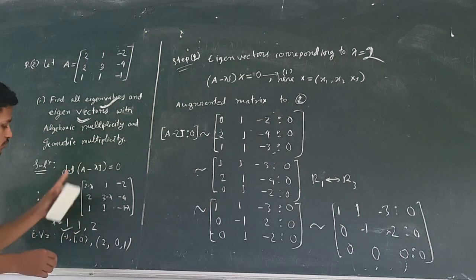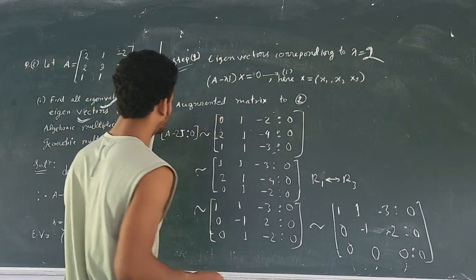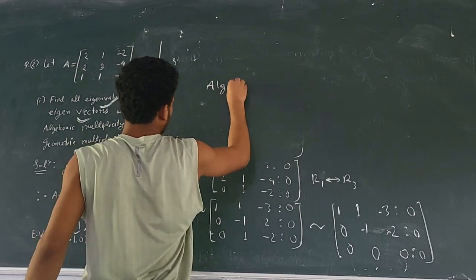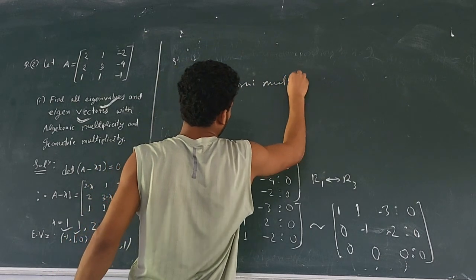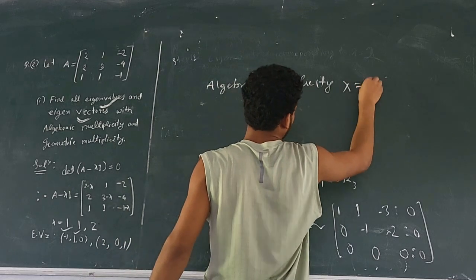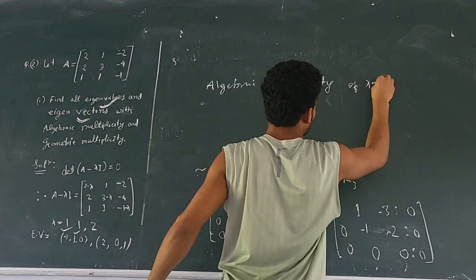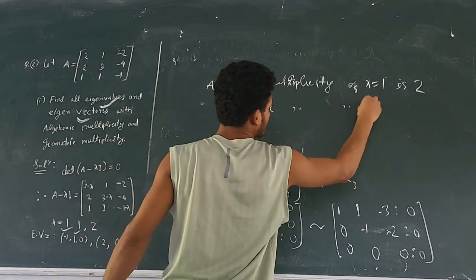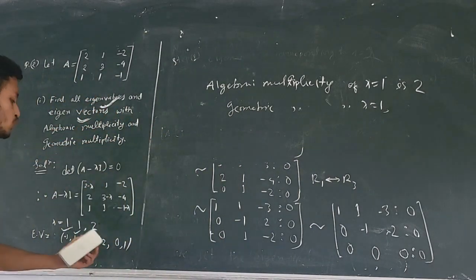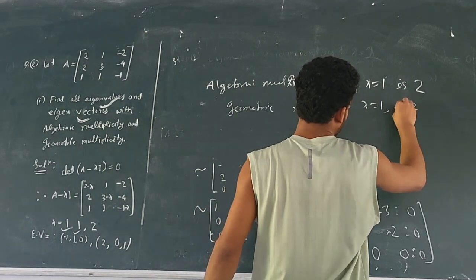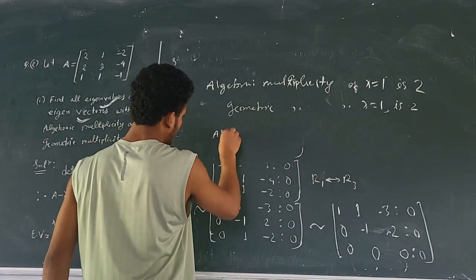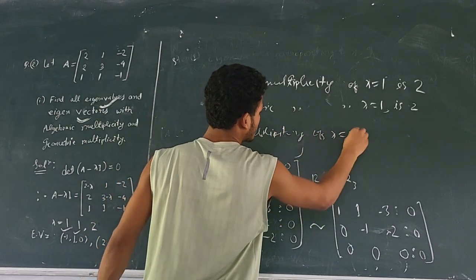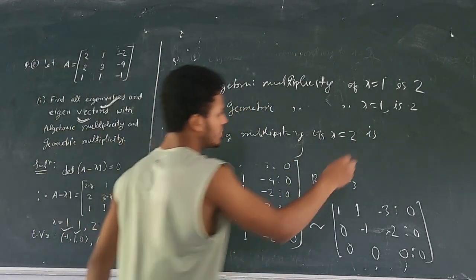The geometric multiplicity of lambda equal to 1 is also 2, since we have found 2 free variables. The algebraic multiplicity of lambda equal to 2 is 1, because 2 is repeating only one time.